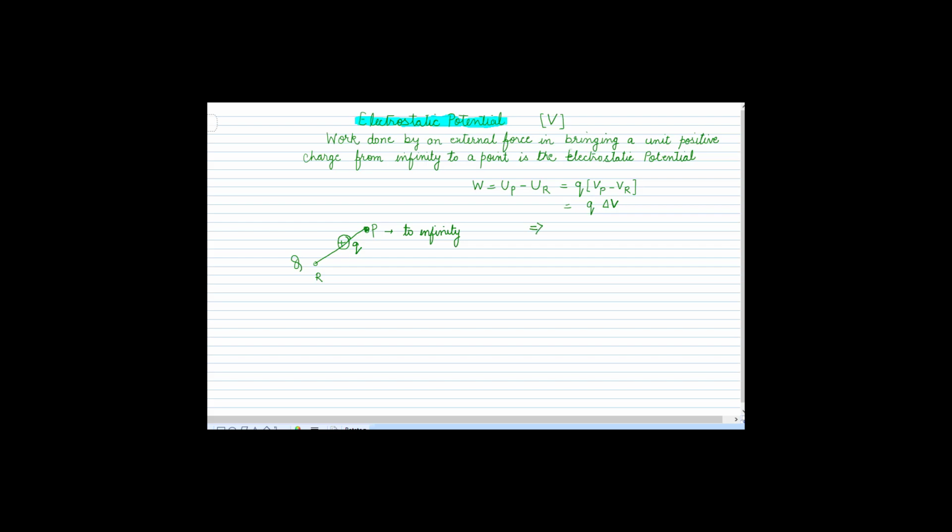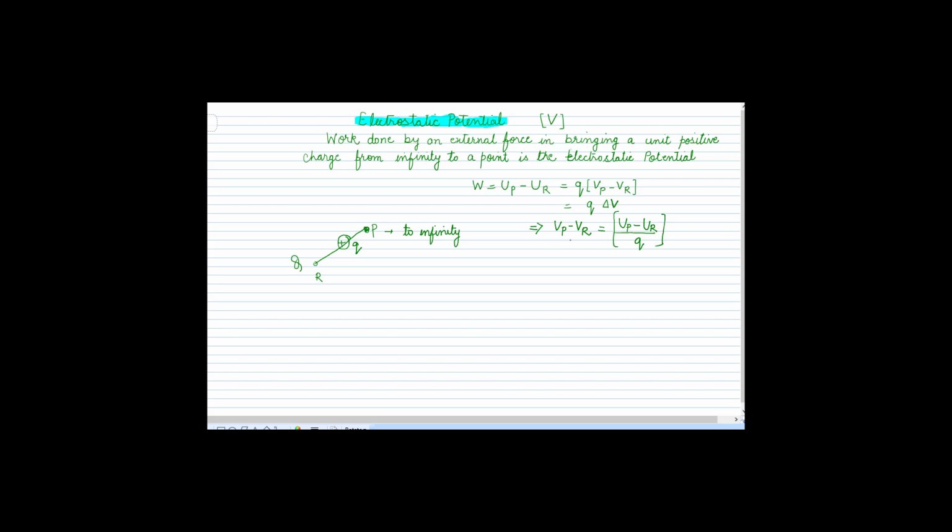So if we want to calculate the difference in potential, Vp minus Vr, electrostatic potential at point P and electrostatic potential at point R, this is equal to, from this equation, Up minus Ur upon Q.